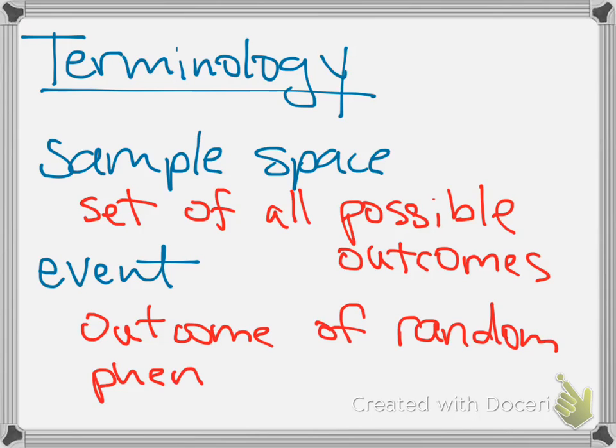But the event simply could be tossing your coin, rolling a die, etc. Just because it's a random phenomenon doesn't mean that it's any sort of crazy event. It could be something pretty mundane. So you do need to be comfortable using those 2 terms, sample space and event.